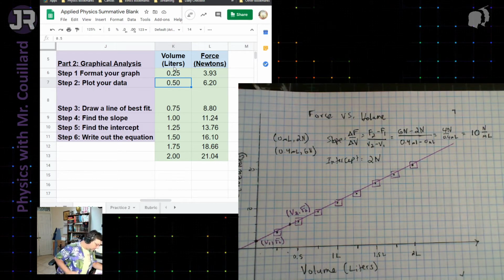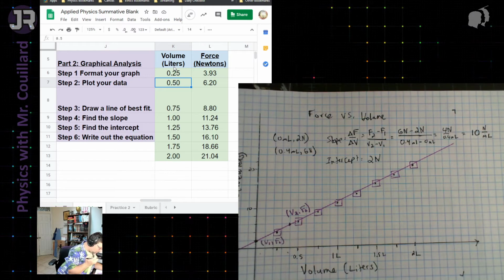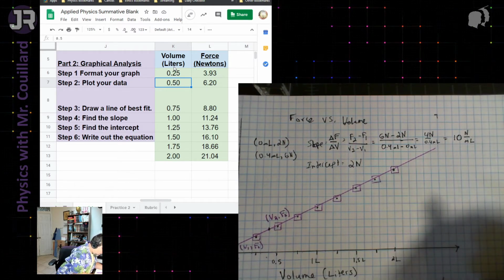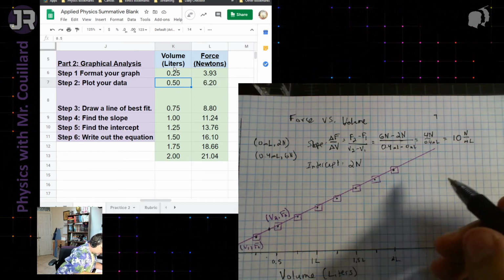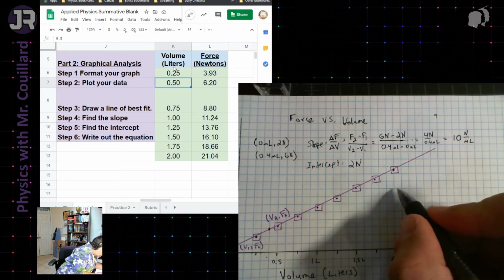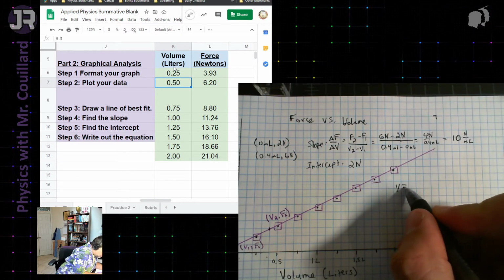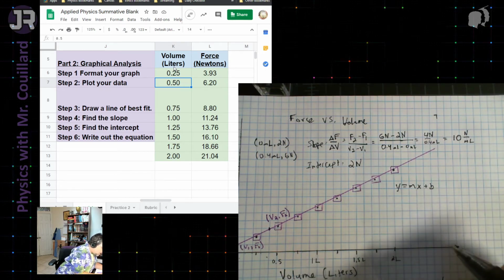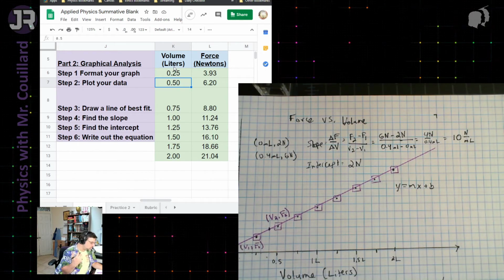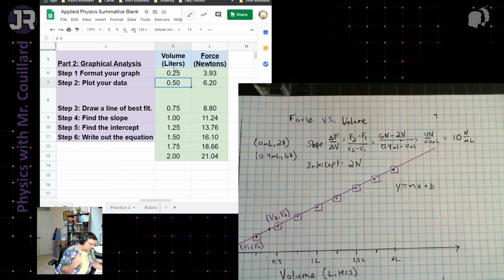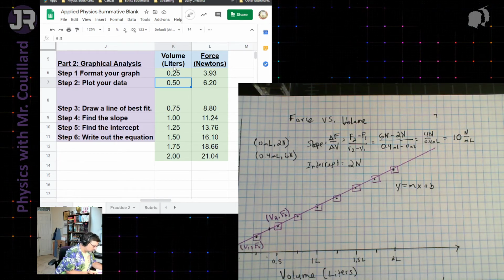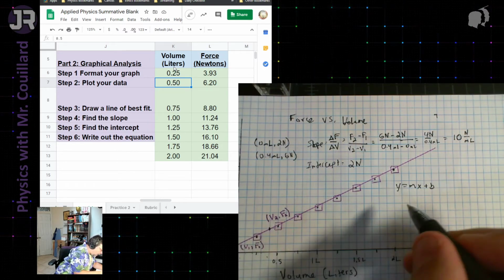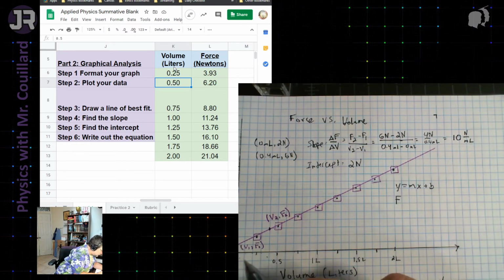So last step, we want to create our formula for the trend line. We're going to use the generic equation for the line, y equals mx plus b, m for slope and b for intercept. But then we want to turn this into a physics equation. So we don't want to just stick with x and y. We want to use what we're using for variables. So for y, we're going to use F for force.